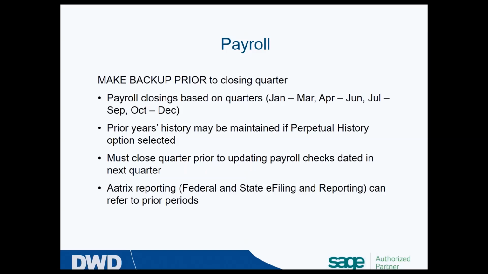One point of note that I've had a couple clients do to me, they've gotten in and they've closed their quarter and closed their year end to be able to run payroll for the first of the year, but then they needed to go back and make adjustments. So they just manually reset their payroll dates in their payroll options. Please don't do that, ever, ever.